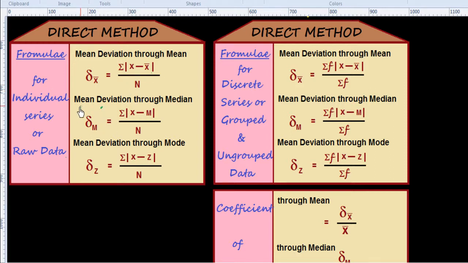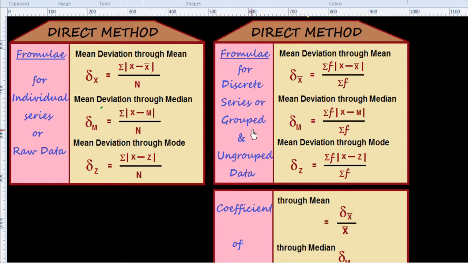Mean deviation through median, delta m is equal to summation of absolute value of x minus m over n. The mean deviation through mode is delta z is equal to summation of mod of x minus z over n. So these are the formulae which we use for raw data for finding the deviation through different measures of central tendency.